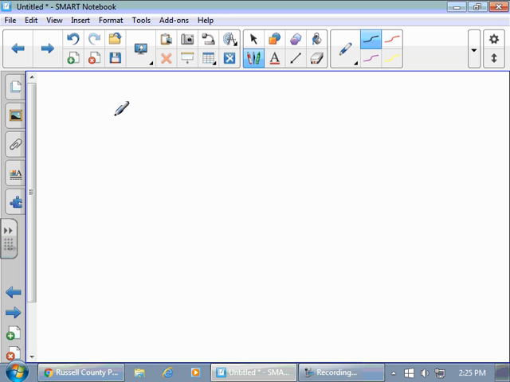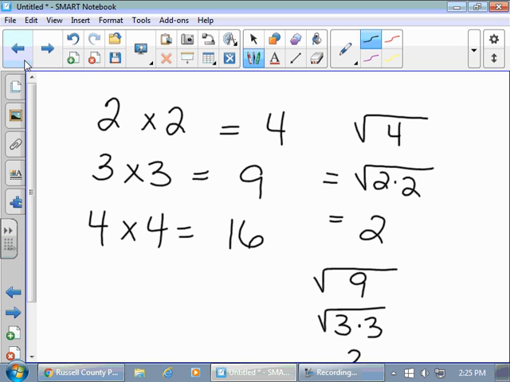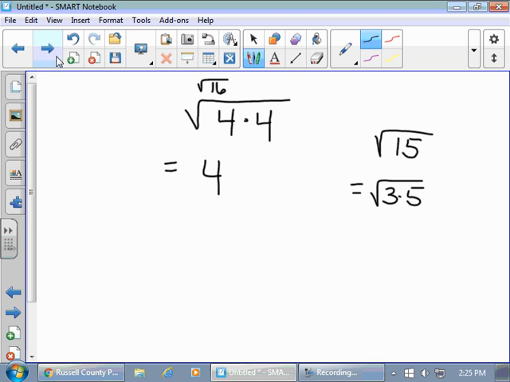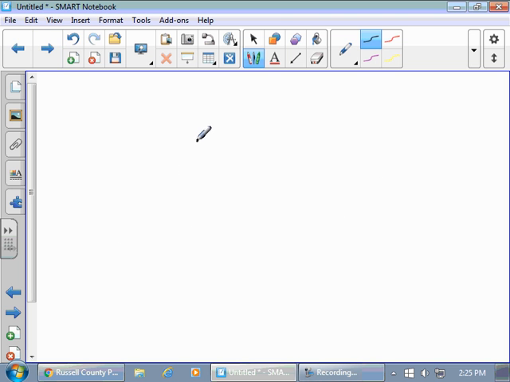Now, the other thing, a minute ago we had this. Now we're going to use what we call exponents. An exponent is this little bitty number that I write to the top right. So this is called my exponent. The big number that we always look at is called our base.